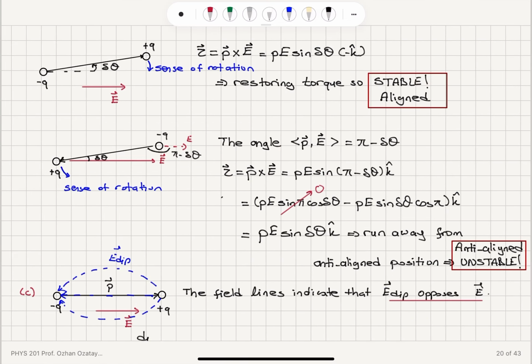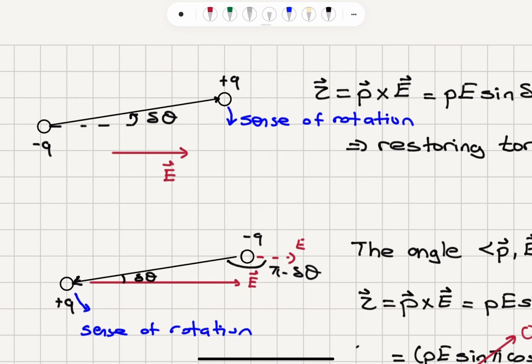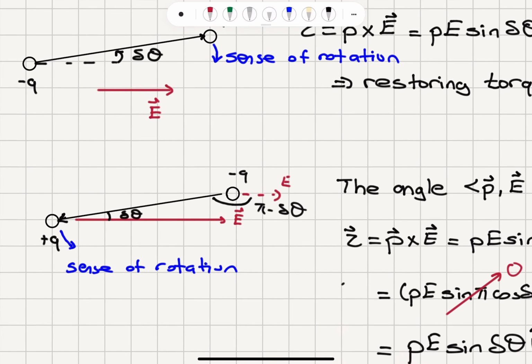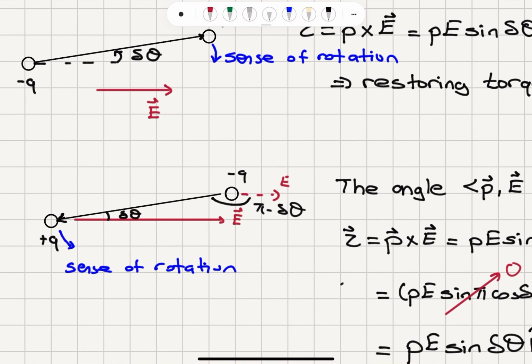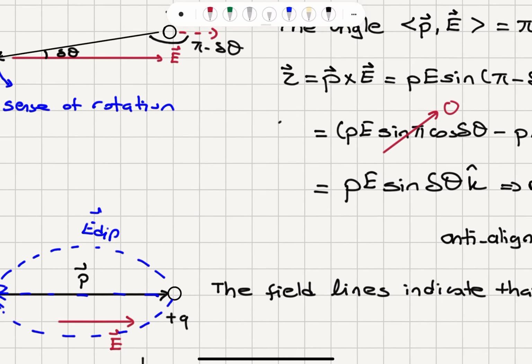If we consider a small perturbation about this equilibrium position for the aligned configuration, we see that the torque P cross E basically tries to restore the equilibrium position. So it tries to go back to the equilibrium position. Therefore, this equilibrium is stable. Here, on the other hand, for the anti-aligned configuration, P cross E causes a sense of rotation which is a runaway. It's trying to increase the angle delta theta, therefore it is an unstable configuration.